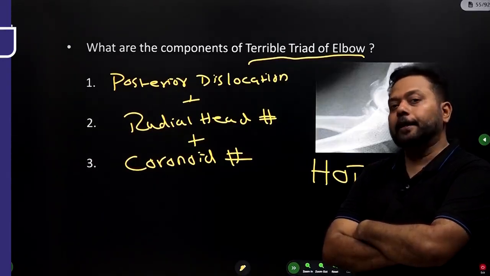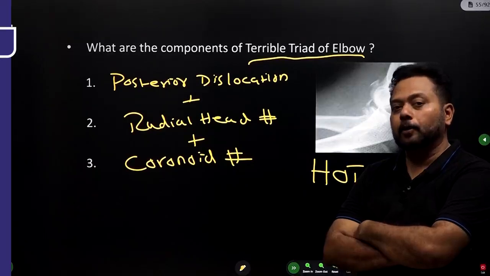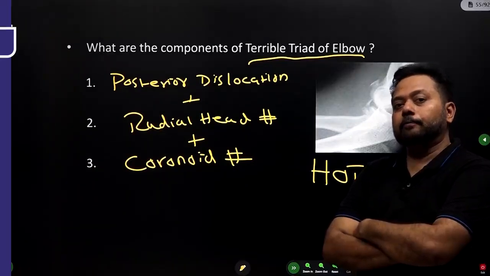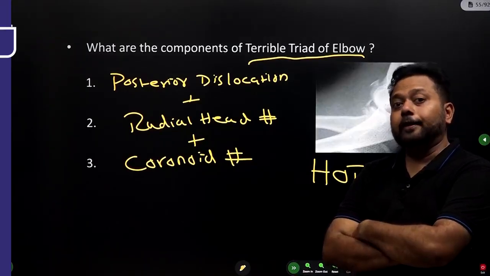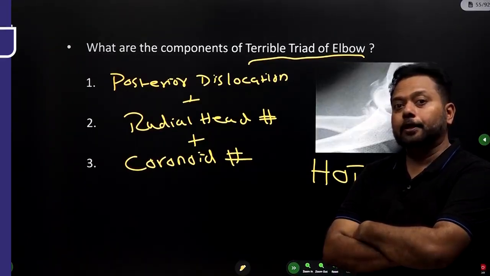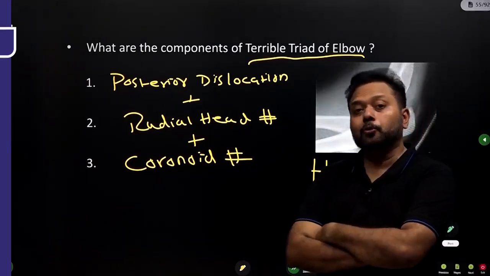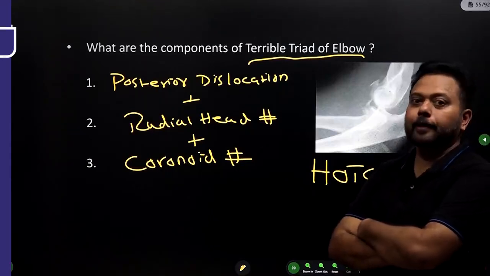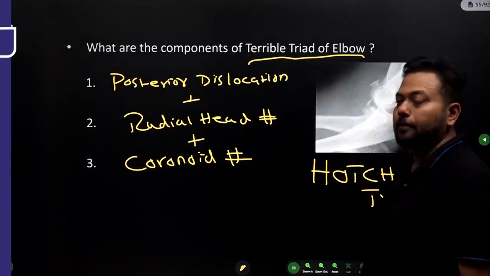Another terrible triad is in the knee joint: anterior cruciate ligament injury plus medial meniscal injury plus medial collateral ligament injury is called unhappy triad of knee, and it goes by the surgeon's name, O'Donoghue. Okay, that's the correct pronunciation. I will teach that when we deal with sports injury. So this is the terrible triad.